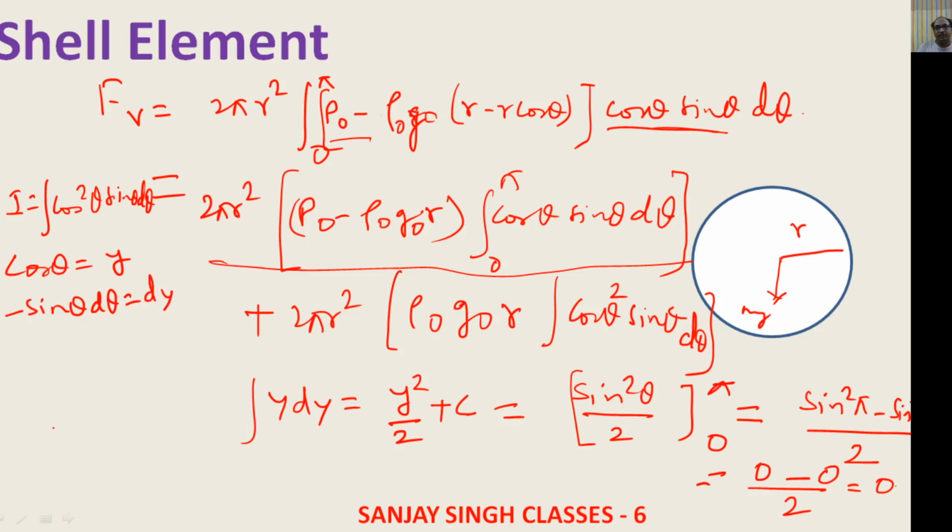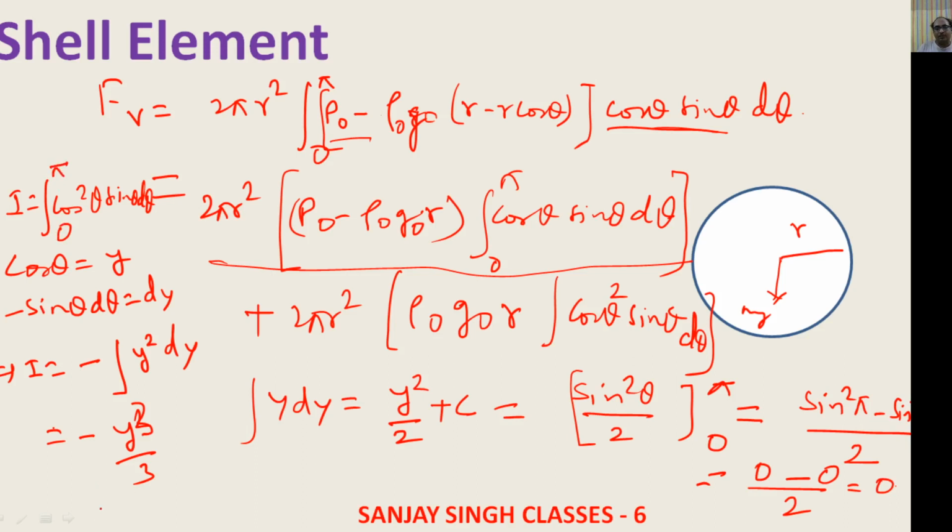It means I is equal to minus, so cos square theta becomes y square, and minus sin theta d theta becomes dy, and it will give us minus y cube by 3. It is also a definite integral from 0 to pi.